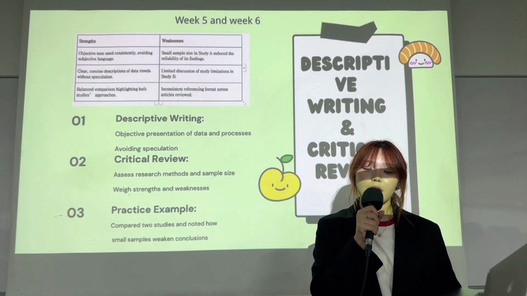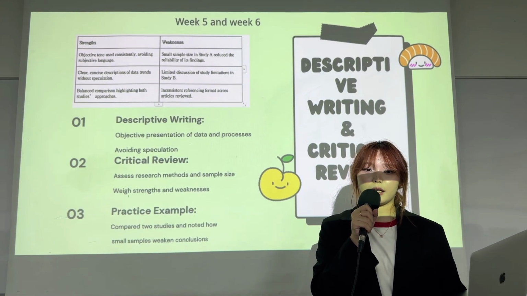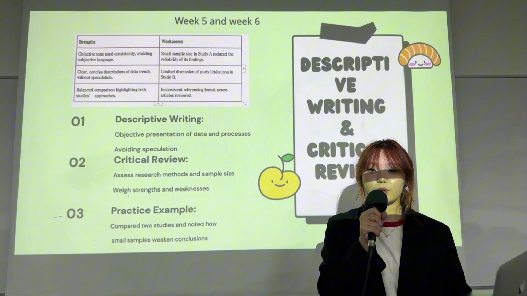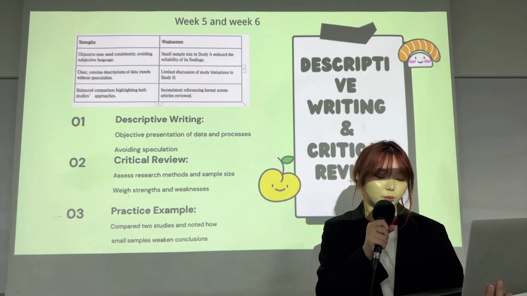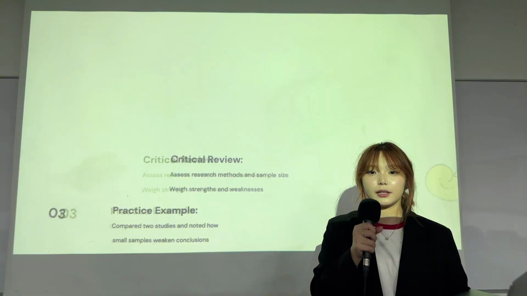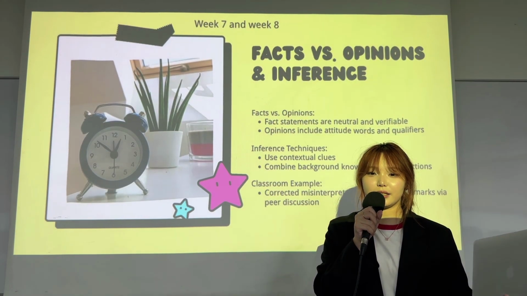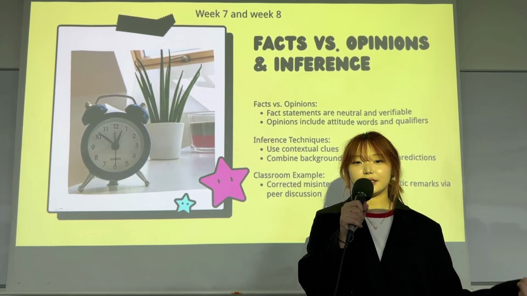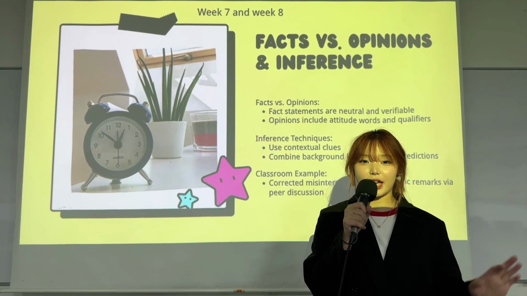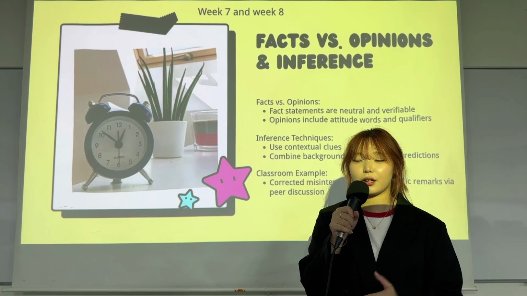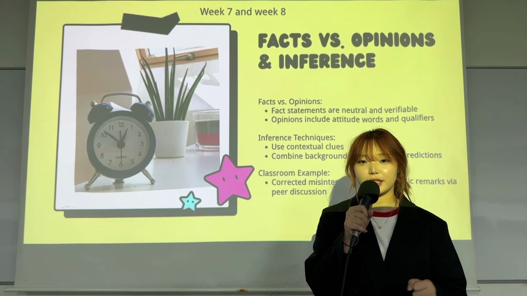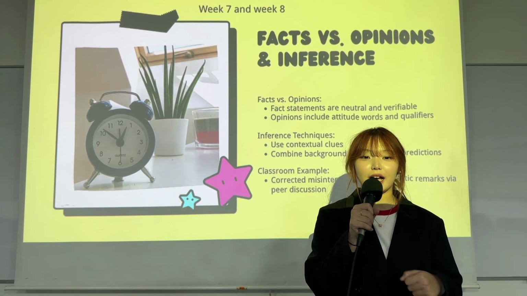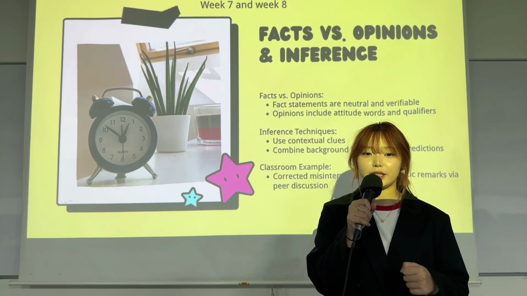Next, we practiced our analytical reading skills in weeks 7 to 8, focusing on separating facts from opinions. In weeks 7 and 8, we discussed the difference between fact and opinion and practiced reading to improve my analytical skills.